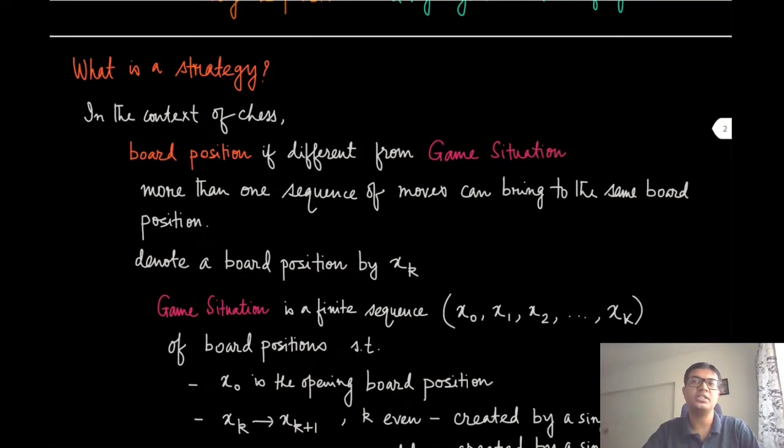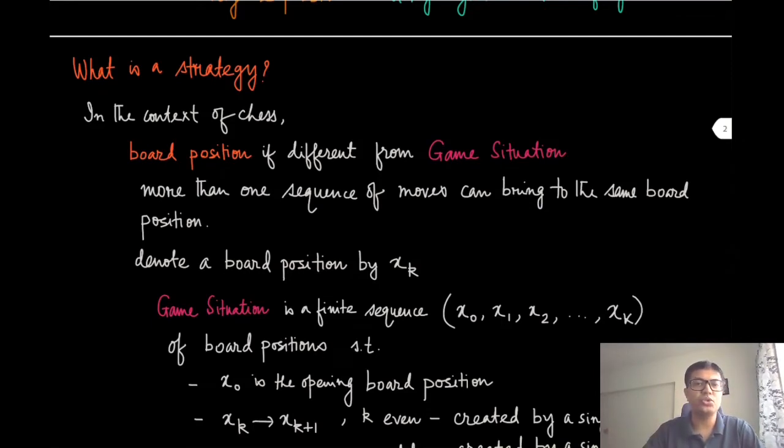This is what a strategy is. It's a complete contingency plan which tells you whenever you are in this particular state of the game, you are going to take this action, right? That is a strategy.